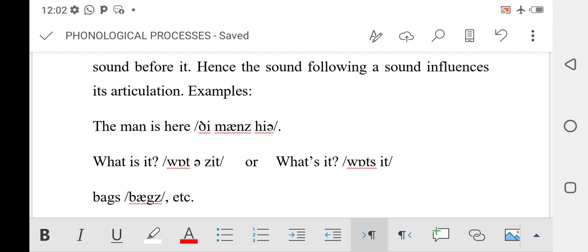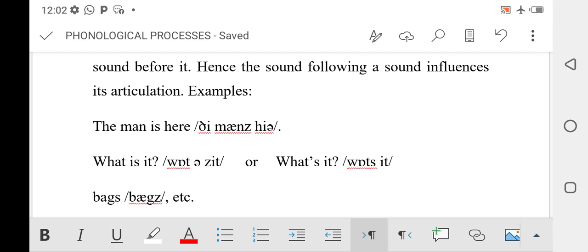Now, because of that, this "is" has been shortened, and in this place it attaches itself to man. And the last sound of man is a voiced sound. The "is" that has attached itself converts to Z because it has assimilated the properties of a voiced sound.